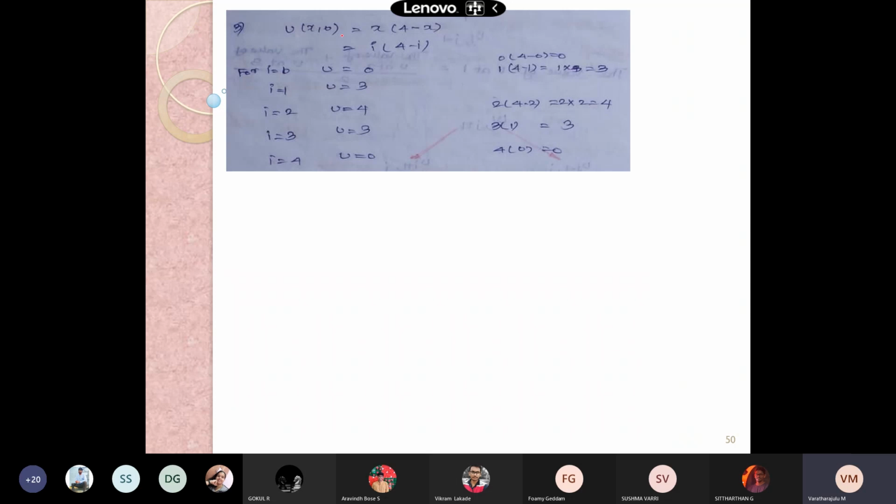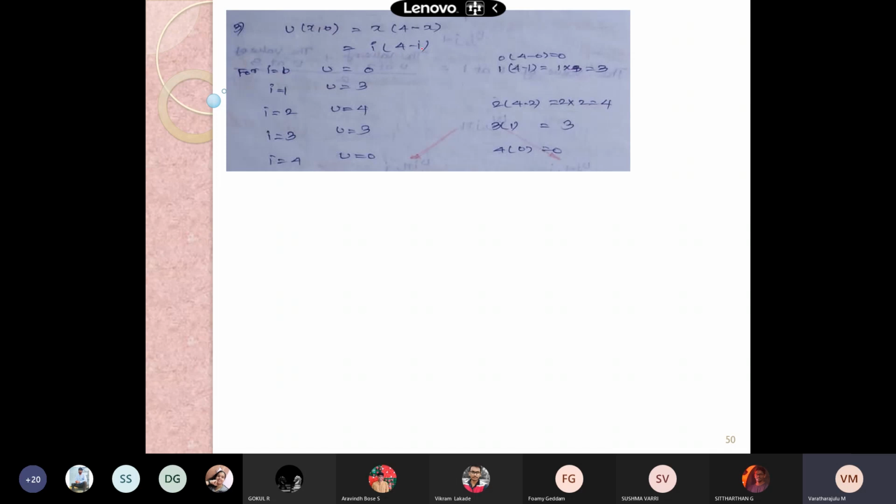And this was the third condition. U of x comma 0 is equal to x into 4 minus x. Instead of x I am applying i into 4 minus i. When my i is equal to 0, u is also 0. When i is equal to 1, I am getting 3. When i is equal to 2, 2 into 2, I am getting 4.